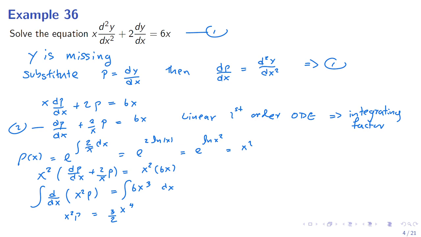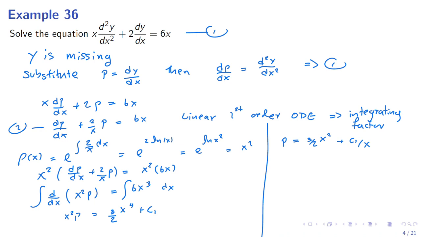6x squared, plus the constant, we call it C1, and I will continue the rest right here. So we'll get P as 3 on 2 x squared plus C1 upon x.